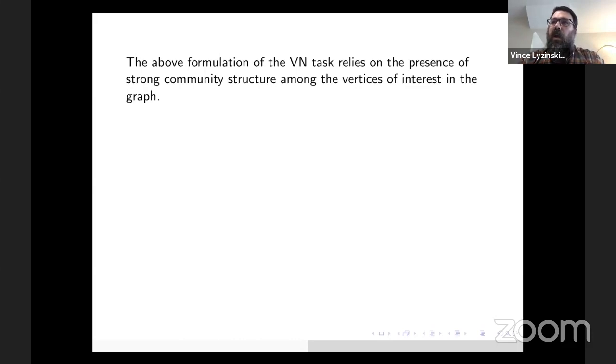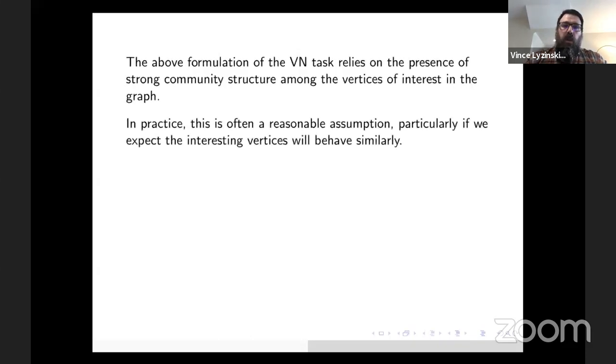Our initial test of this: we chose some vertices in the knowledge graph that we thought would be interesting, and went to see if our algorithms could perform well, and our algorithms all fell flat on their faces, because it wasn't community structure that defined interest in there. It was some other combination of features that we were not leveraging at all.